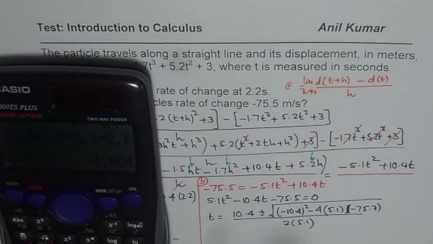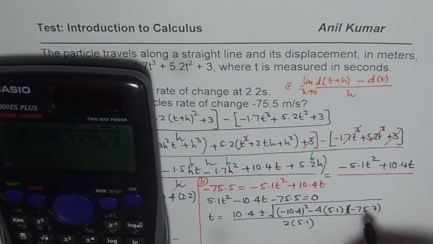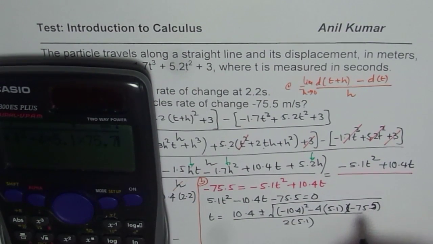So let's find this answer. We'll begin with the square root part. Minus square will be positive. So 10.4 square, minus and minus is plus, let me write plus, 4 times 5.1 times 75.5, I'm writing wrong, sorry, 75.5 it is.